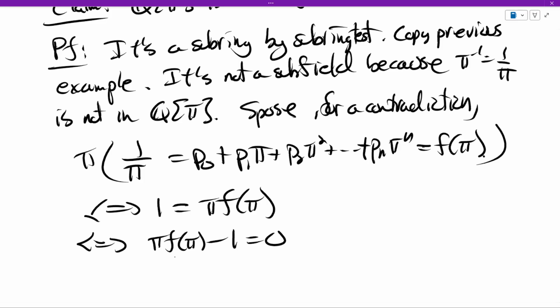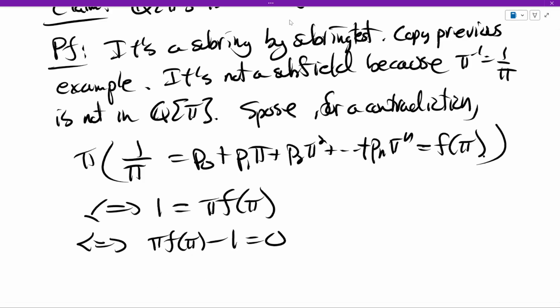But f is certainly non-zero, so pi times f is non-zero. And so this expression, pi times f of pi minus 1, is a non-zero polynomial expression in pi. Well, let me say that better.